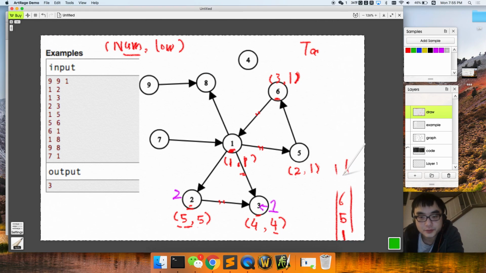So we push 8 into the stack, right? And 8 does not have an out degree anymore, and the lowest number it can reach is itself again. So node 8 is also an SCC, right?